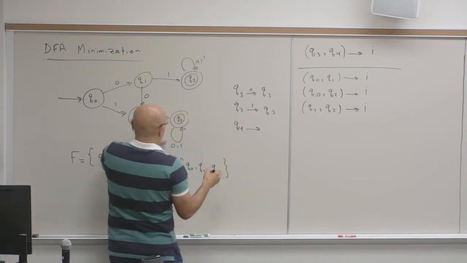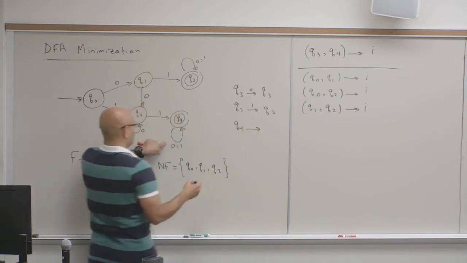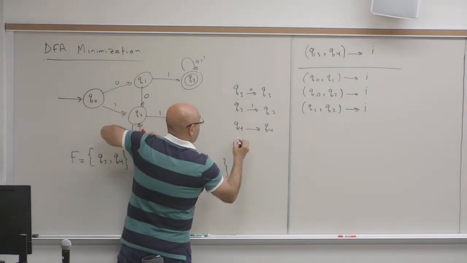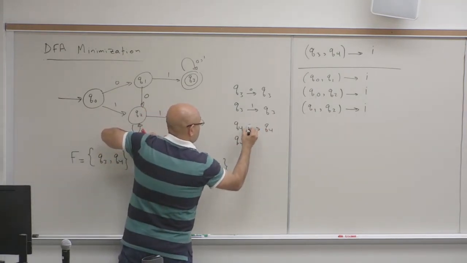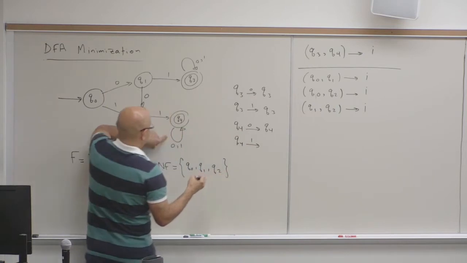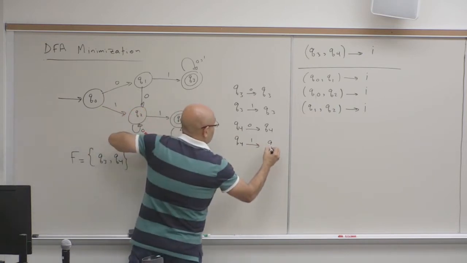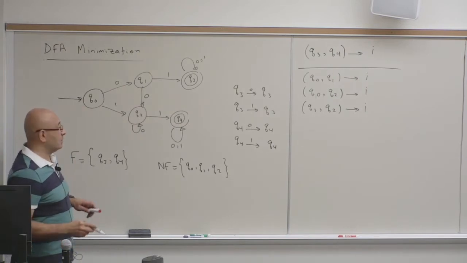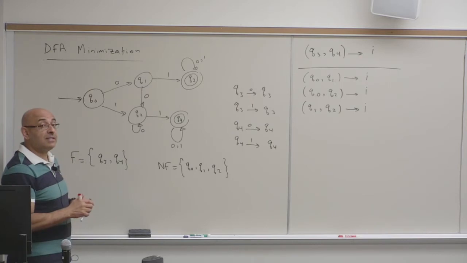Q4 on a 0 goes to Q4, and Q4 on a 1 goes to Q4. Now, does this mean distinguishable or indistinguishable? Distinguishable? No. In fact, it means indistinguishable.